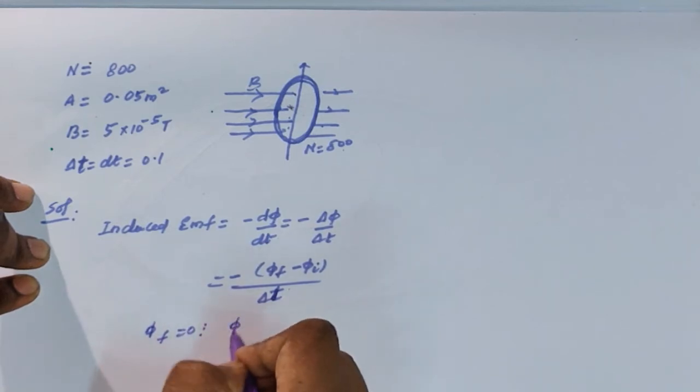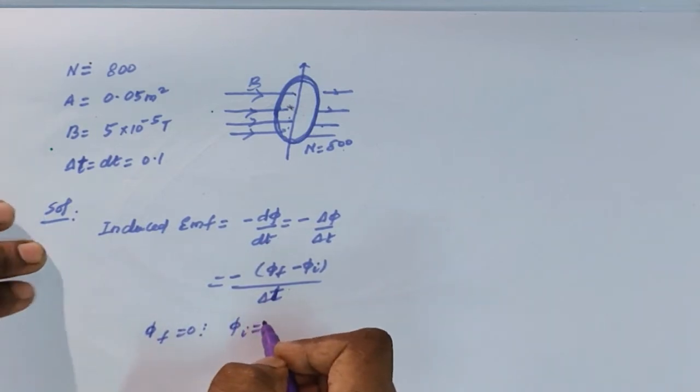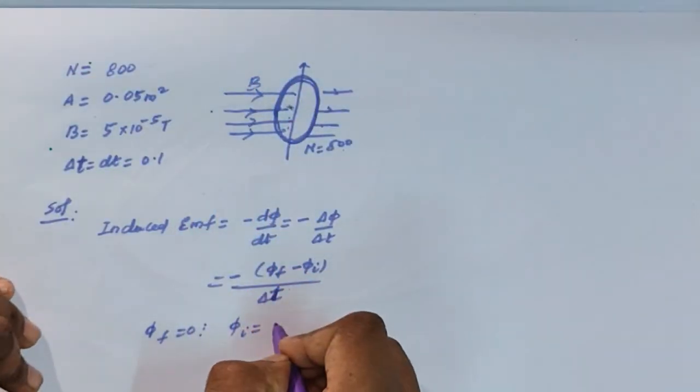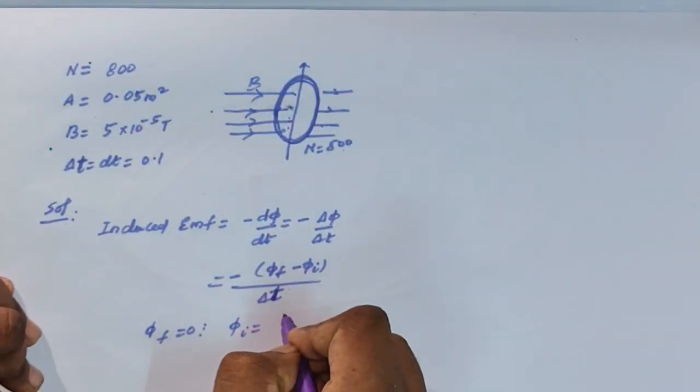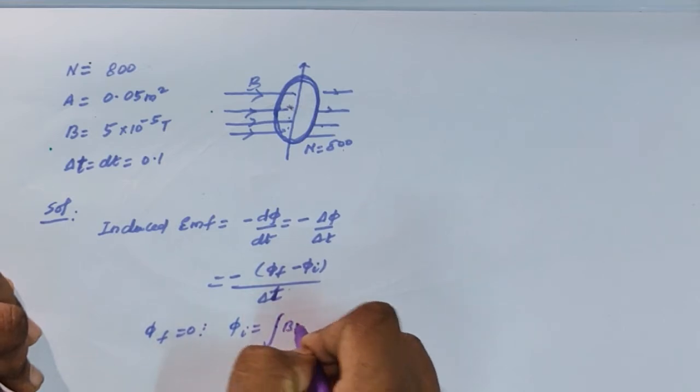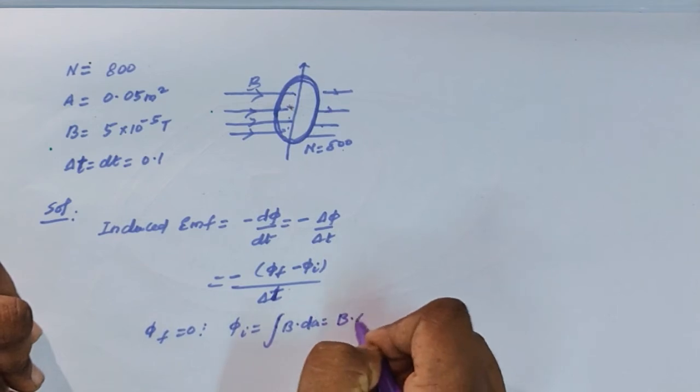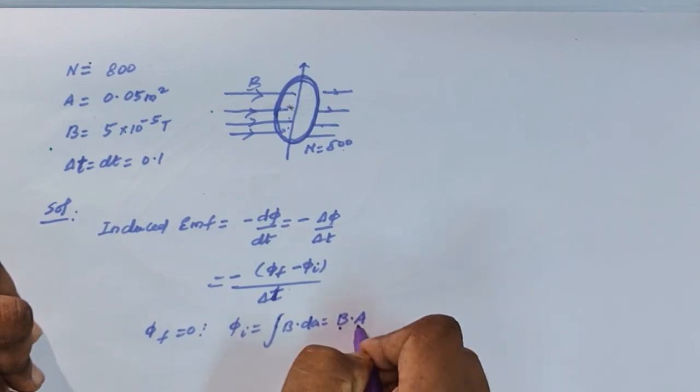So what would be the initial flux? In general, all the flux passes through this area, since it is perpendicular, so the flux is the integral of B dot dA, or simply B dot A, because we know the magnetic field and the area.